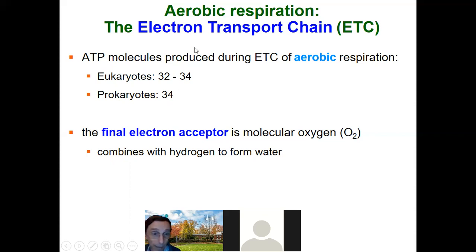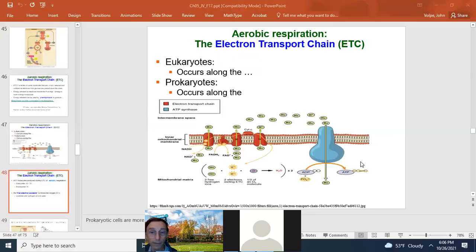In aerobic respiration, the final electron acceptor is oxygen. And so we call that the final electron acceptor. It accepts the electron that flows from glucose. All right, any question about any of that?